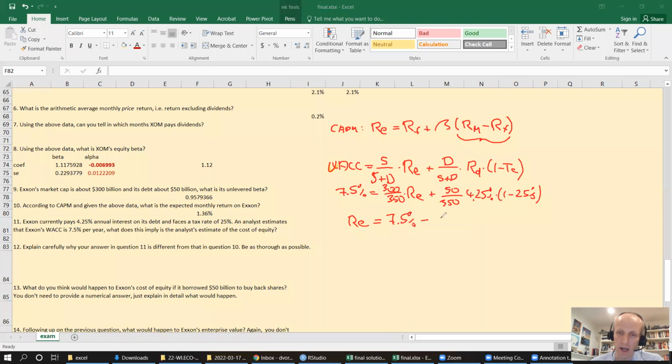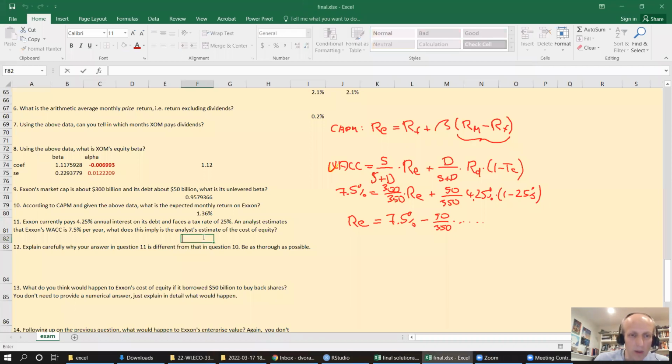7.5% minus this 50 over 350 times, actually, I'm not going to write it all out. Let me actually type it in so that we can see the numbers. So I'm going to X this out, and it's calculated here.